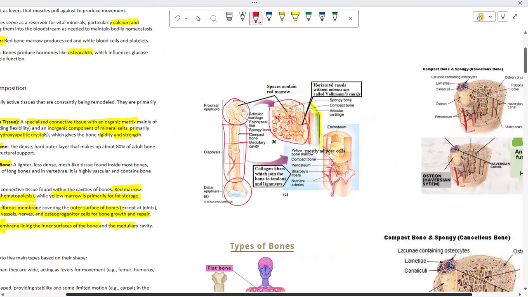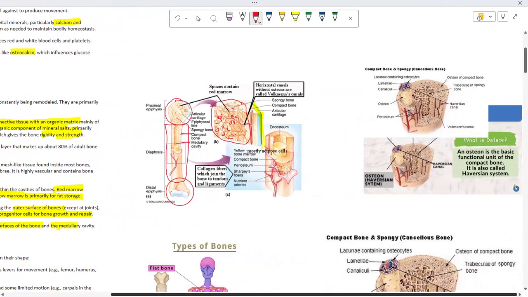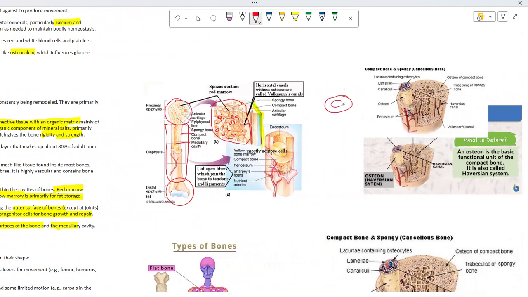Now, when you cut across the bone, you're going to see circular structures. They're going to appear like this. Okay. Many circular structures like that.